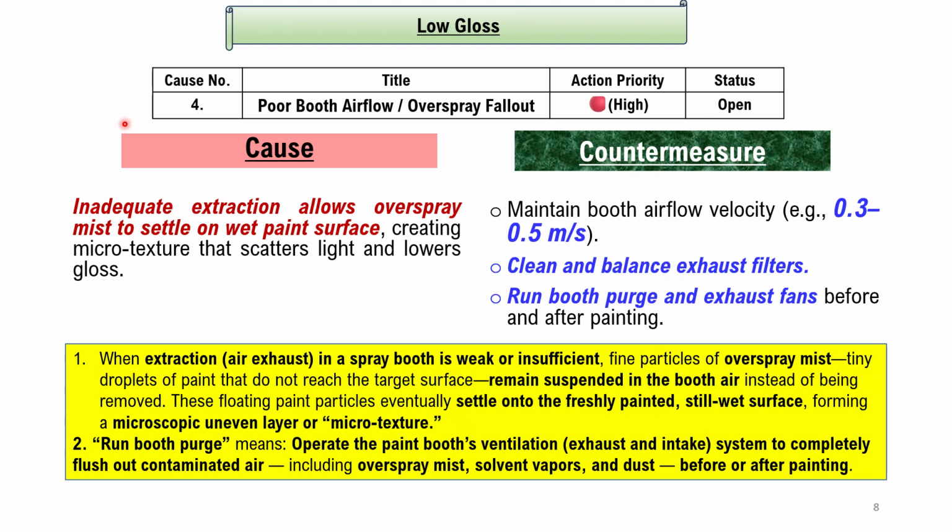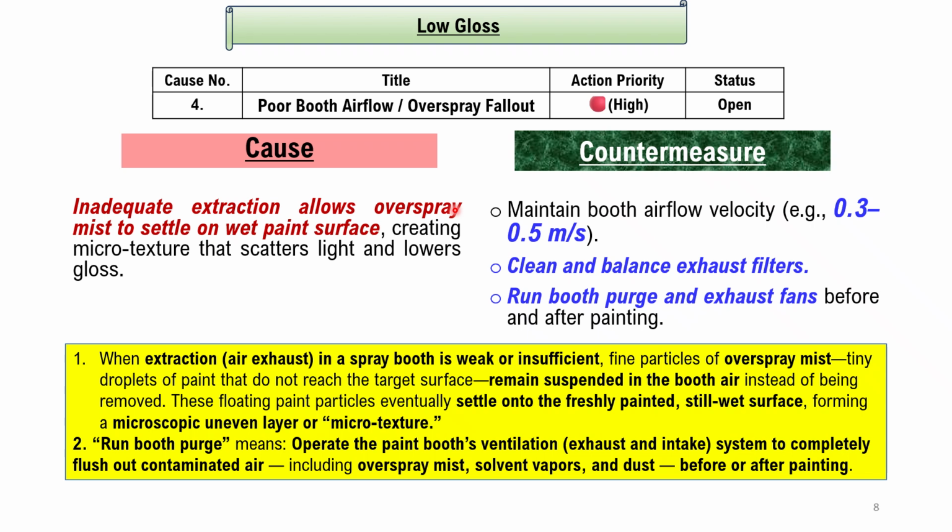Number four probable cause is poor booth airflow, that is, overspray fallout. Inadequate extraction of air allows overspray mist to settle on the wet paint surface, creating micro texture that scatters light and lowers gloss.